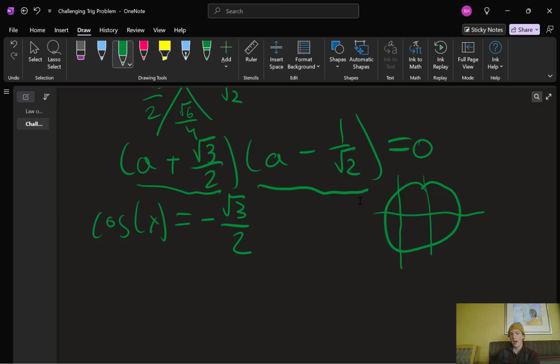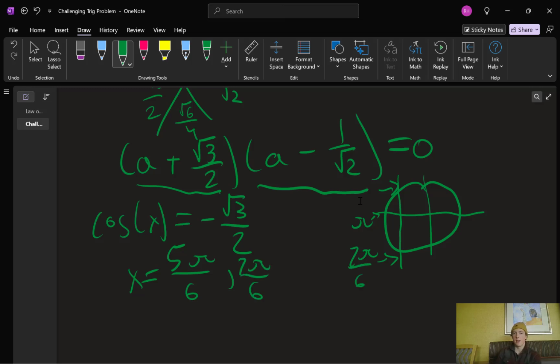I would assume 5 pi over 6 because it's right before pi, which would be right here. So one solution is 5 pi over 6, and our other solution would be right around here, which drawing is not to scale, but it would be 7 pi over 6, because it's also close to pi. That's another one of our solutions.